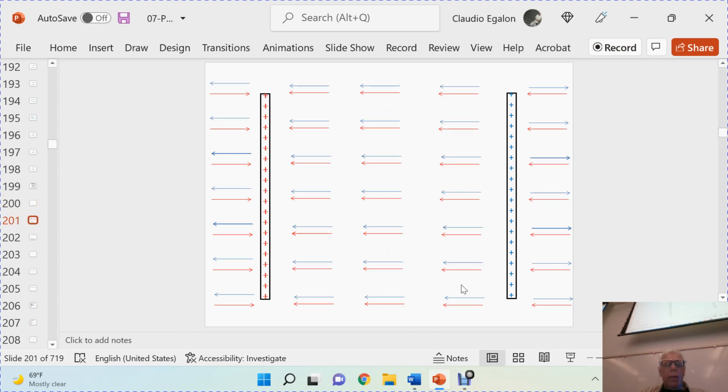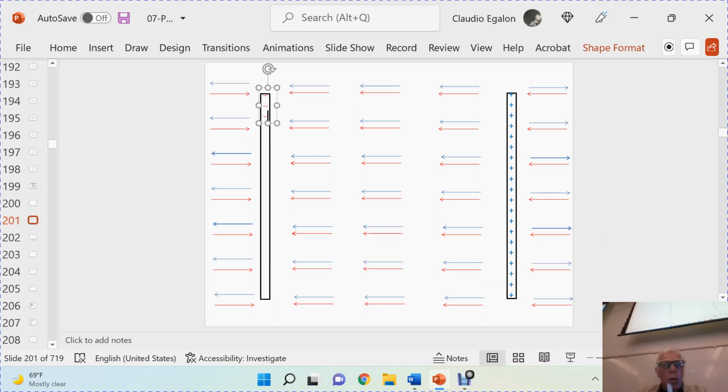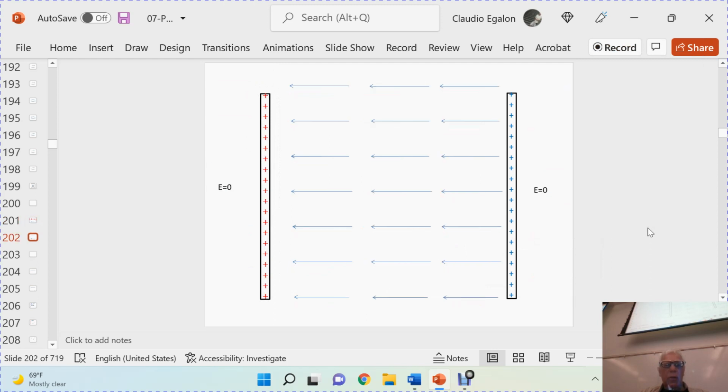Fix that, right? And then we did that before, right? If we put two plates next to one another, this one's negatively charged. Outside this charge distribution the field is going to be 0.